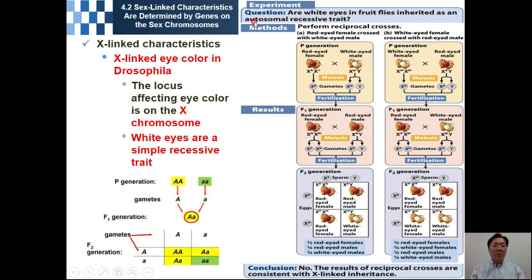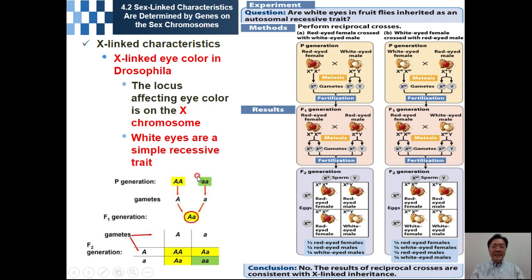So what is an autosomal recessive trait? We already learned that when the gene which encodes Mendel's phenotype is located in the autosome, large A is dominant over small a, and small a is recessive.